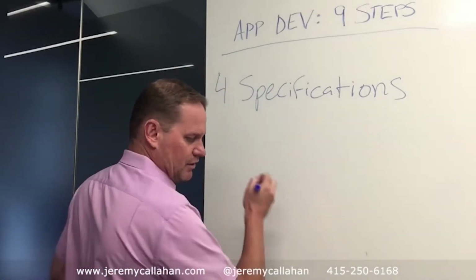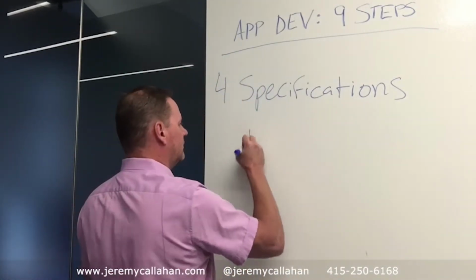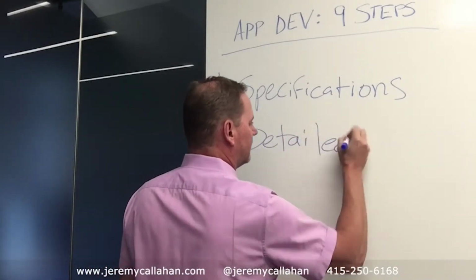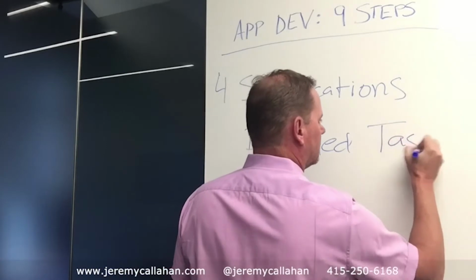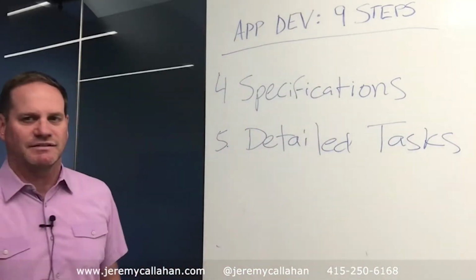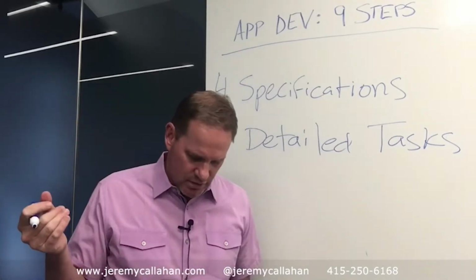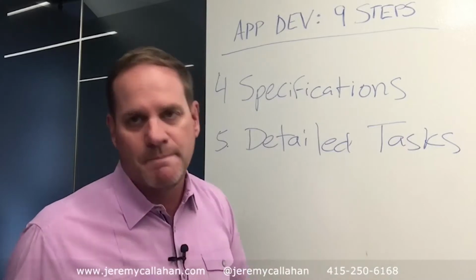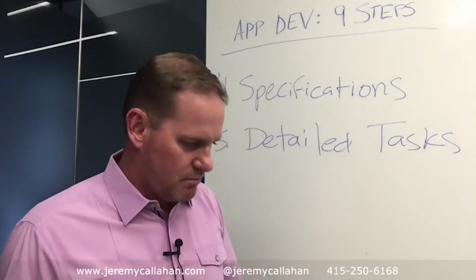Now, the 5th step is you need to detail all the tasks. You need detailed tasks. Okay, that's the 5th step. Now, what the heck does that mean, right? So we have the specification. Can't we just give that over? Maybe, but detailed tasks would be better.